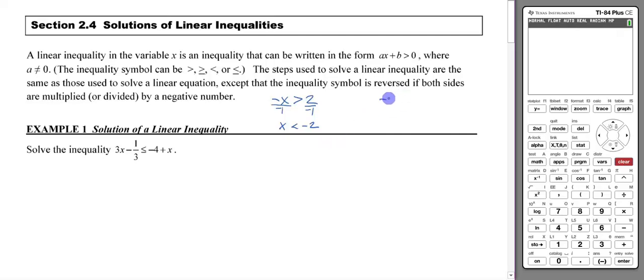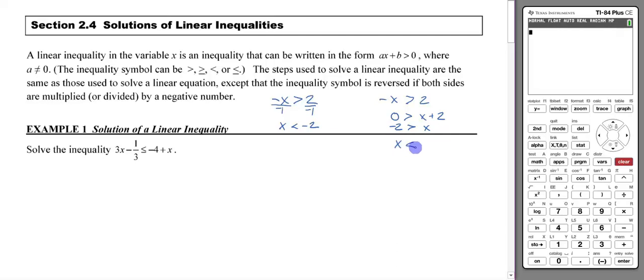The other way to do this would be to add x to both sides, then subtract 2 from both sides, and then you have this statement that you have to read backwards: x is less than negative 2.